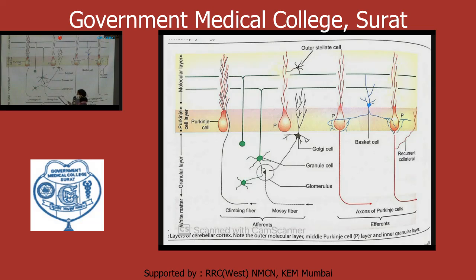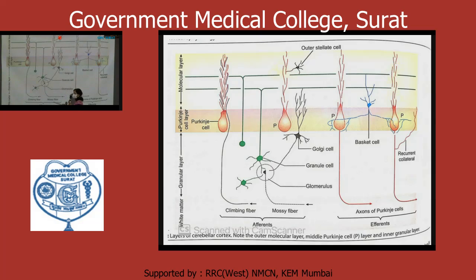Now the difference between these climbing fibers and the mossy fibers is this: the action potential generated in the climbing fibers is a complex spike, whereas in the mossy fiber it is a simple spike.